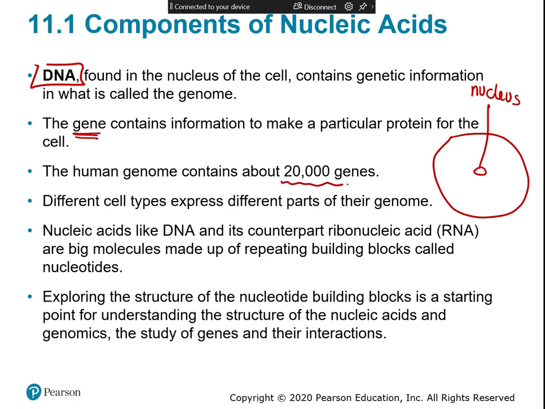It is estimated that in your DNA, there's about 20,000 different genes. Some cells use certain genes, some cells don't. Hemoglobin or red blood cells use the hemoglobin gene a lot. Your skin cells, they use the keratin genes a lot to make that waterproofing cover.